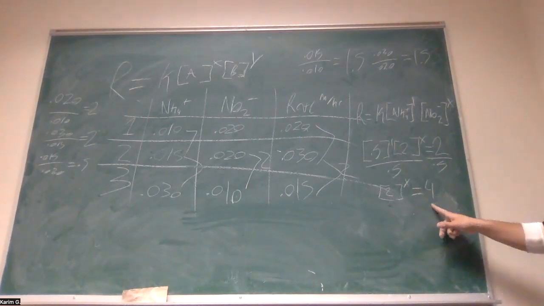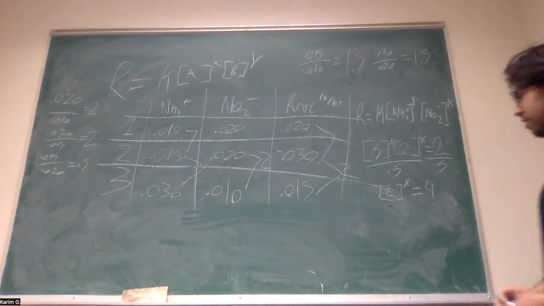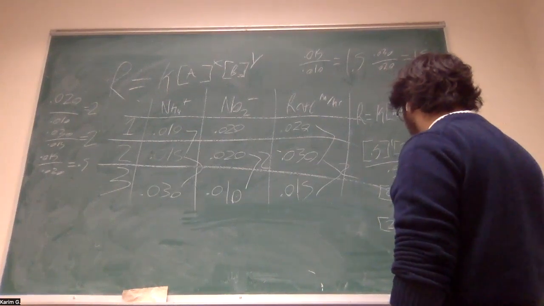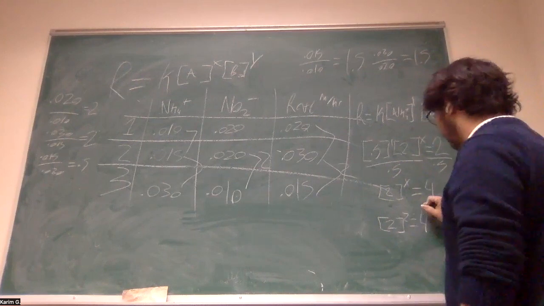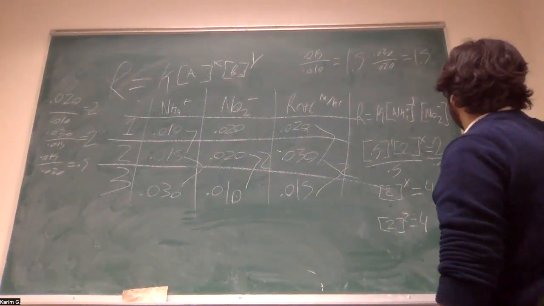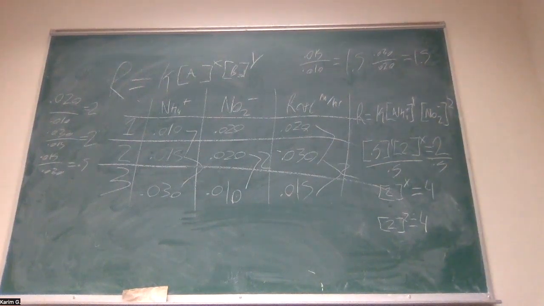Two to what power gives us 4? 2. So we know that our order has to be 2. Nitrite is second order, ammonium is first order.